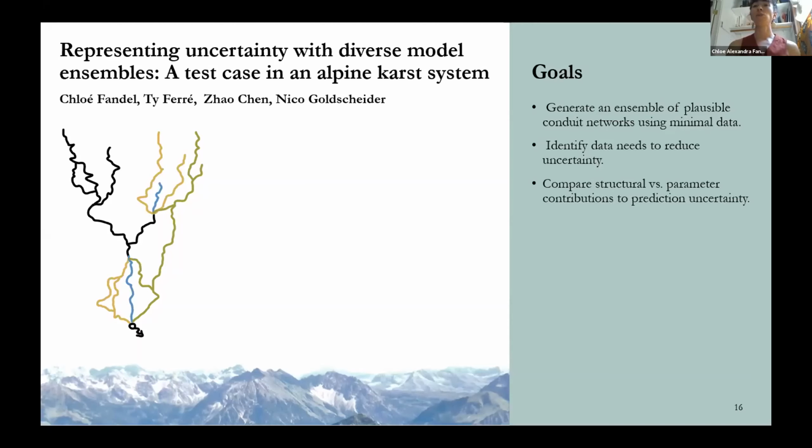And then use that ensemble of multiple different structures to compare the impact of structural uncertainty and parameter uncertainty on the model predictions.